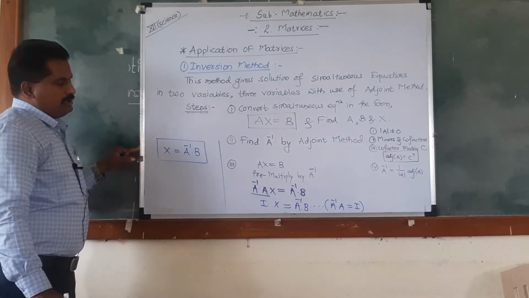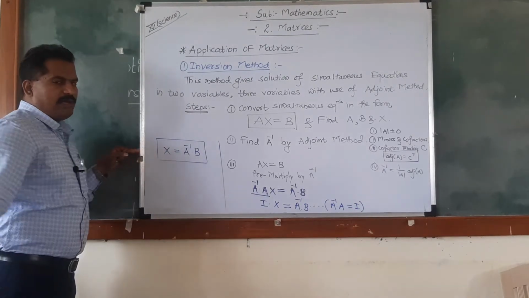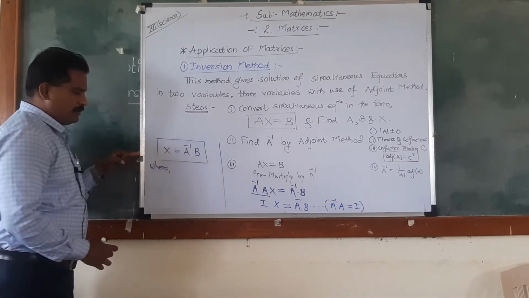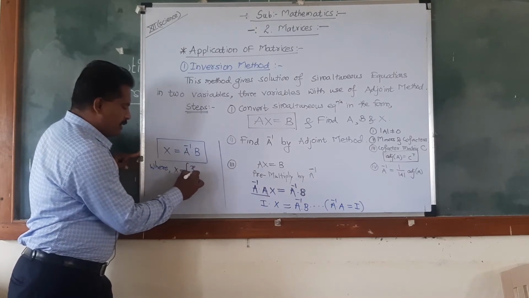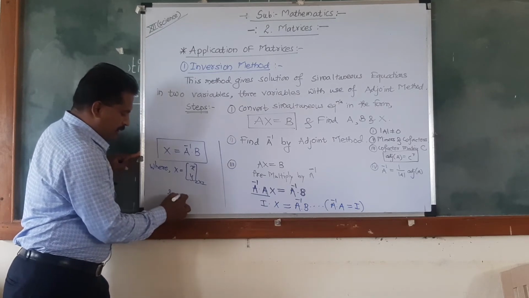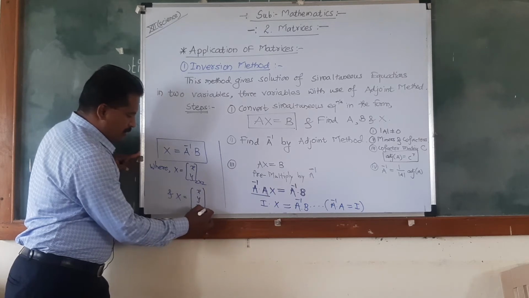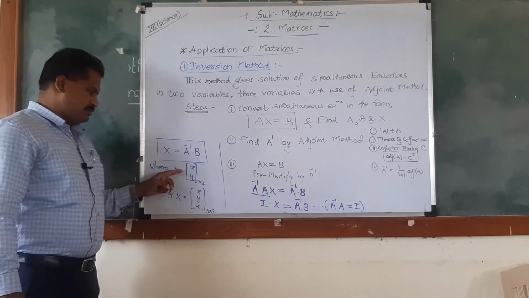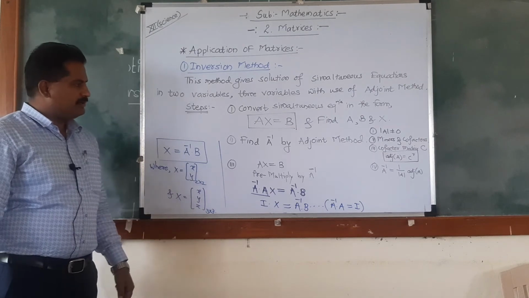Okay. These are the steps to find the value of X, where X is equal to xy for 2 by 2 and xyz for 3 by 3.